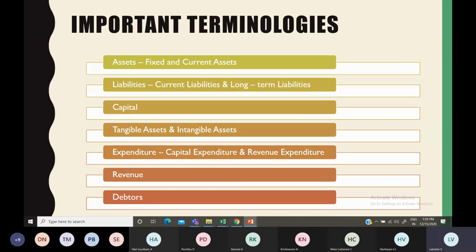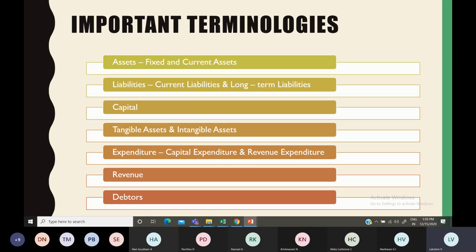So whatever you are purchasing on a long-term basis or selling on a long-term basis, that is known as capital in nature. Okay, so capital in nature means long-term benefit you are going to earn from that. Every now and then you will not be selling, every now and then you will not be purchasing. So those are called capital in nature.